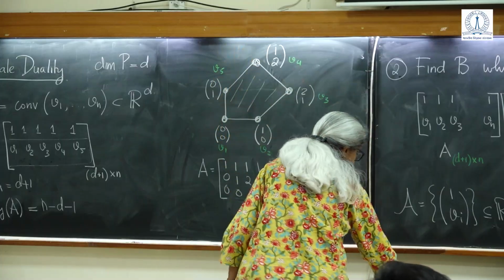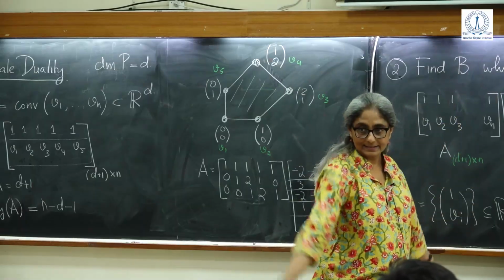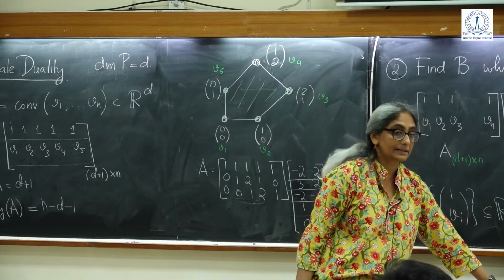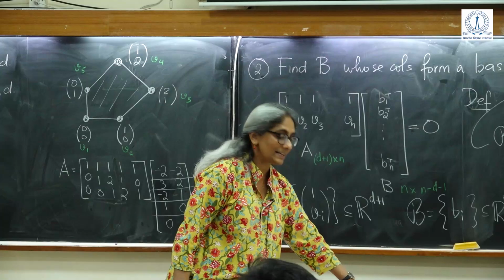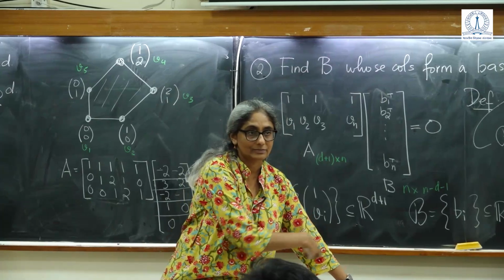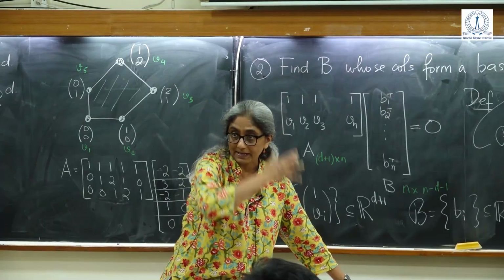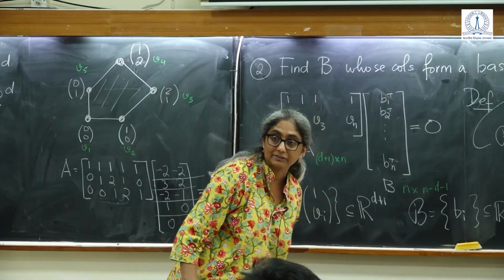For example, if I have this paper lying on the table, the paper doesn't have an interior in the ambient space. But it does have an interior if you only look at the affine span of the paper.